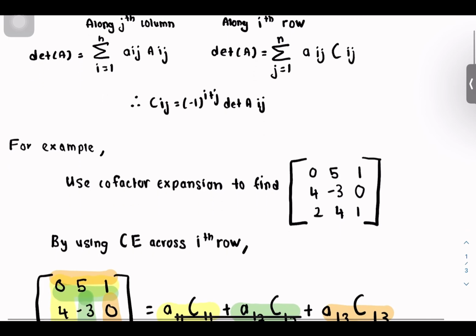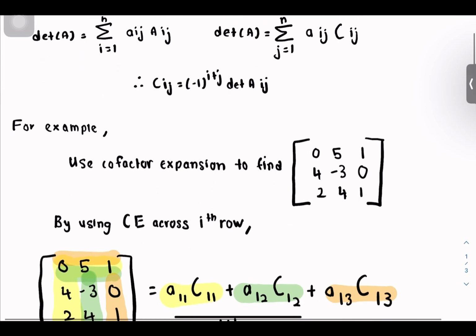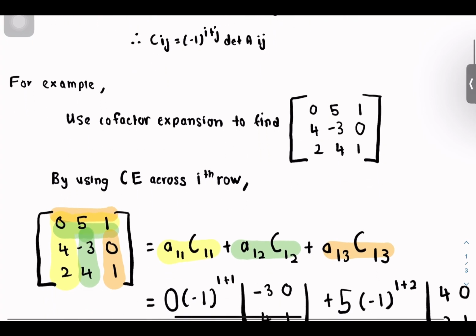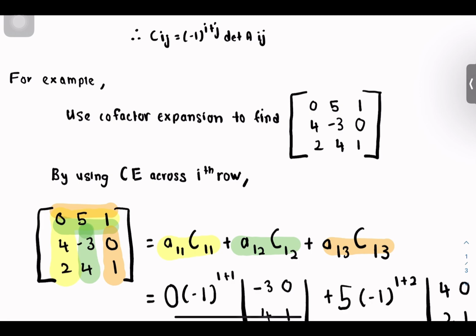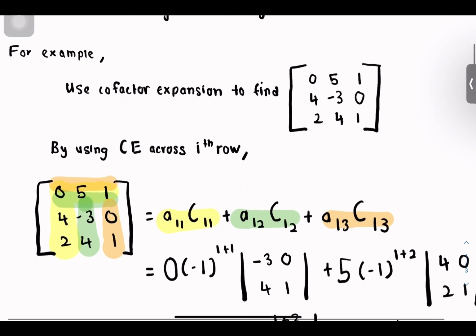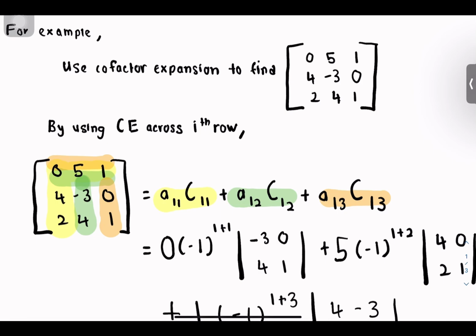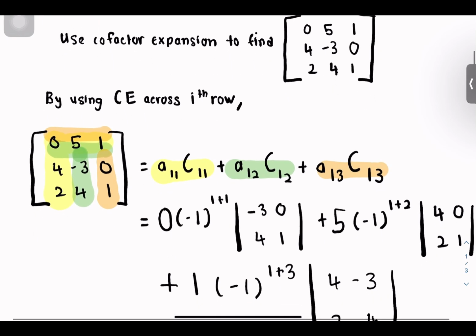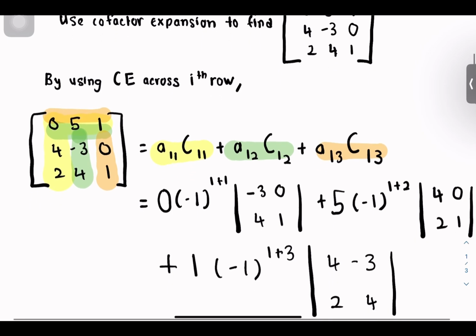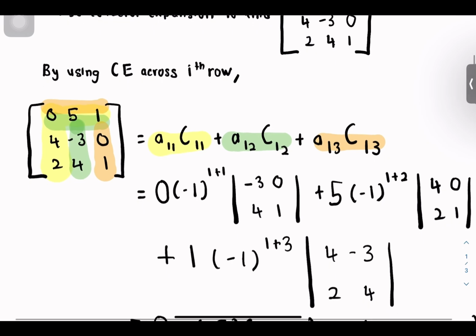For example, use cofactor expansion to find this determinant. By using cofactor expansion across the row, we apply the formula to the question. So the answer is A11 C11 plus A12 C12 plus A13 C13.